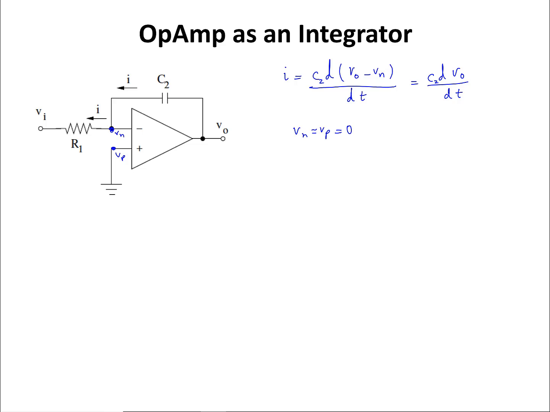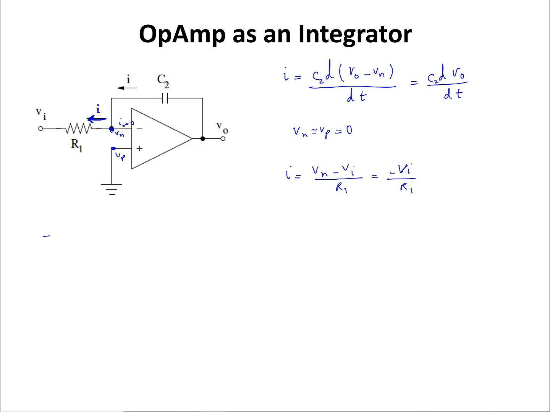This is my Vn. I also know that in this path, this is the same current, because no current goes into the op-amp, so the same current flows through R1. From there I know that I equals Vn minus Vi divided by R1. Again, Vn is equal to 0, so I equals negative Vi divided by R1.